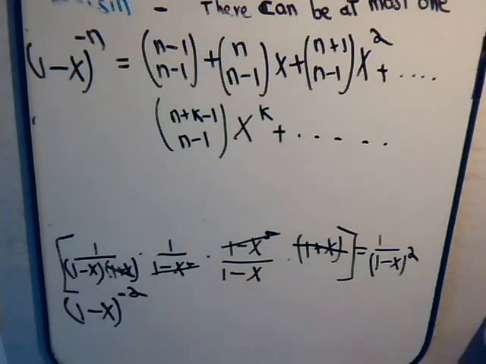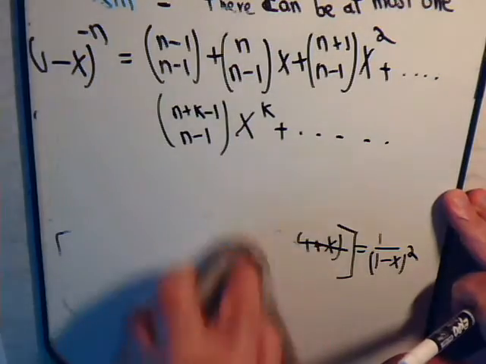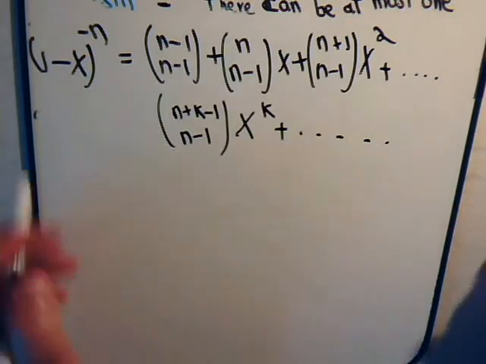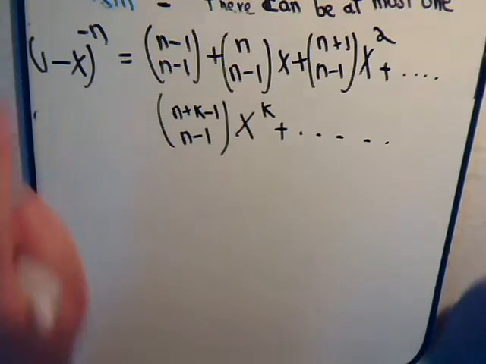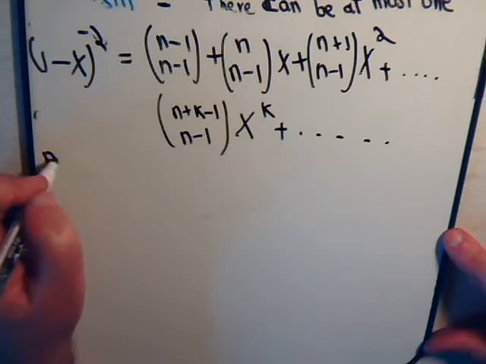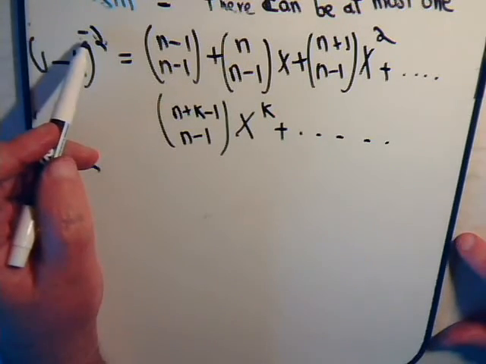Okay, let's take a look at this. For our problem, remember, we had 1 minus x to the minus 2 power, like this, so n equals 2. The minus sign is already here.